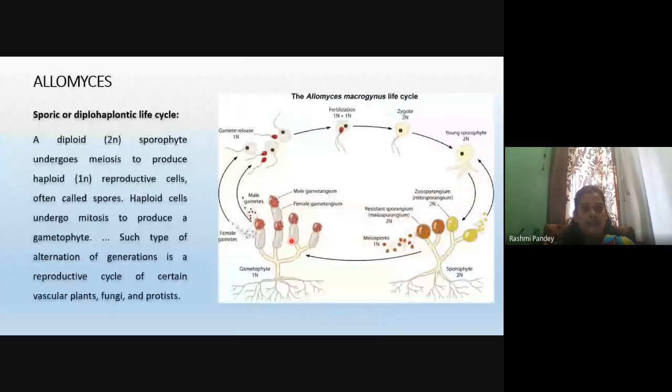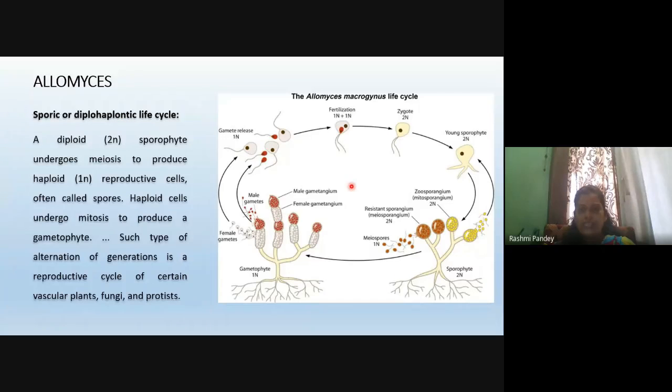Then in the higher Phycomycetes, or the members of Allomyces, we find a very enlarged kind of life cycle pattern, which is also called the sporic or diplohaplontic. Here both terms are given equal weightage. There is a diplophase and a haplophase, and both are equally important, having the same time span.